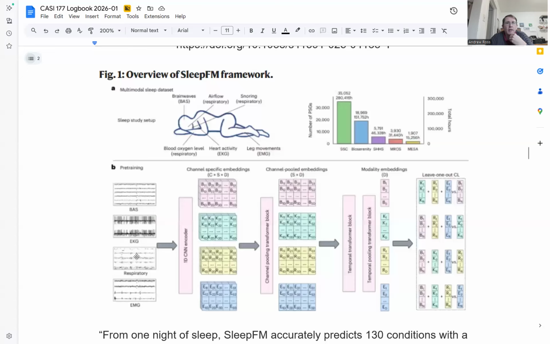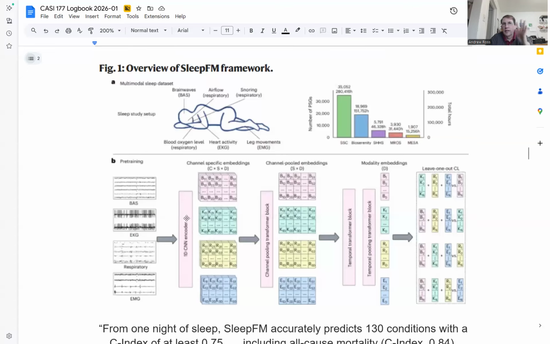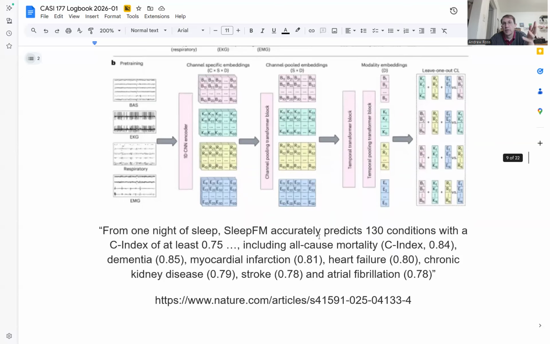So they're taking data traces like this, feeding it into what's called a neural network, and they're saying it does a pretty good job predicting things like myocardial infarction, which is basically heart disease, chronic kidney disease, even dementia. So some pretty amazing stuff going on with AI here.